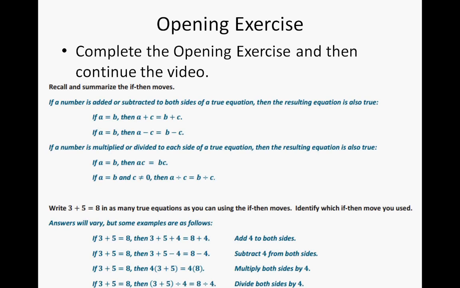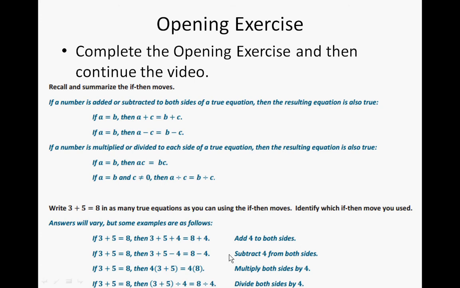Okay, so the first part just had you recall what we just went over, just stating the four properties of equality using the operations. Then for the second part, and again your answers will vary, they asked you to write as many true equations as you can using the if-then moves and identify which if-then move you used.